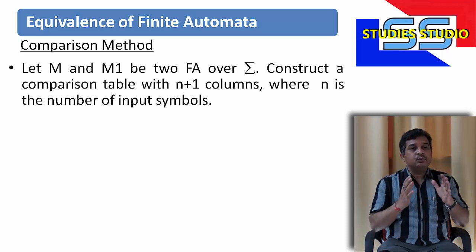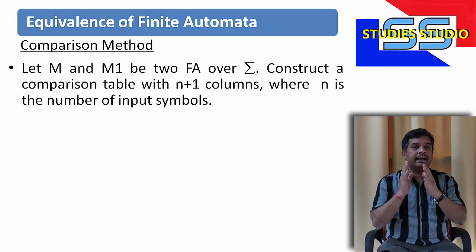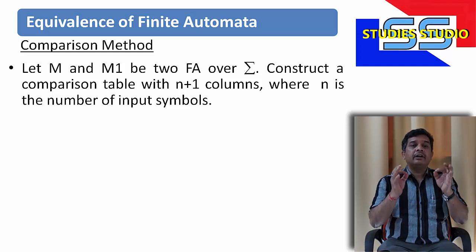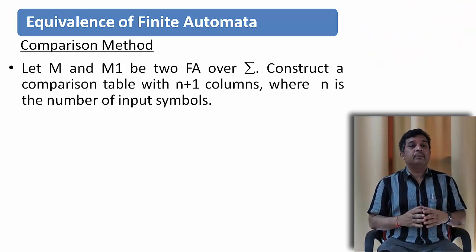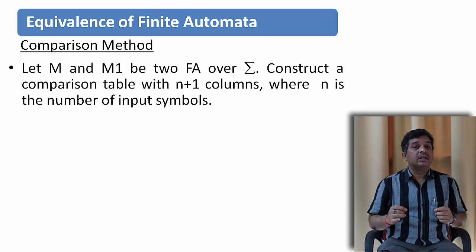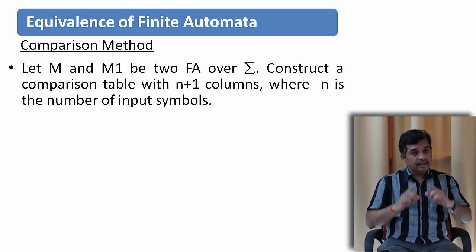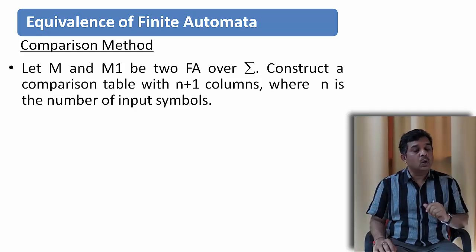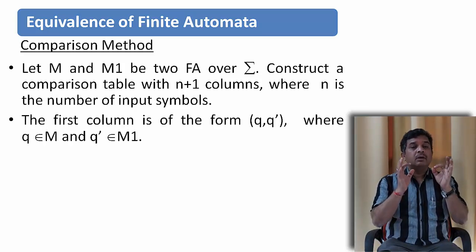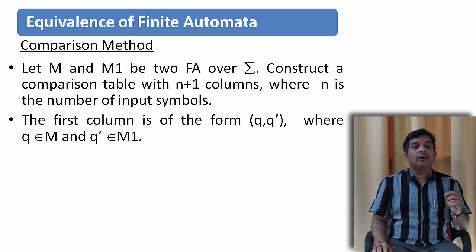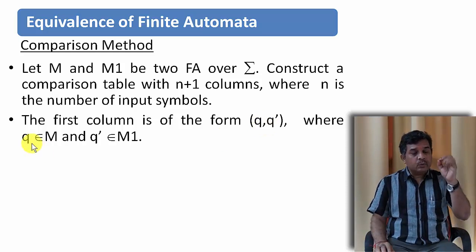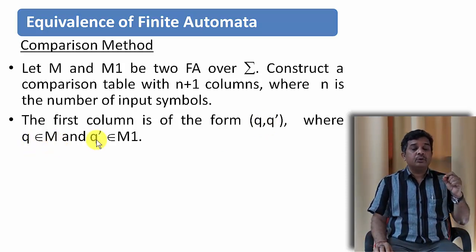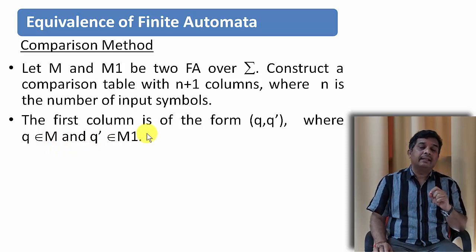Let us say we have two machines, M1 and M2, and both of them are defined over the same input symbols. Then we construct a comparison table with n plus 1 columns, where n is the number of input symbols. If two input symbols are there, then in our table we'll have 3 columns. The first column is written in the form of a pair Q, Q dash, where Q is one state from the first machine and Q dash is the state from the other machine.